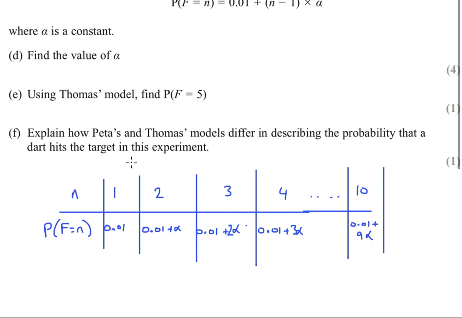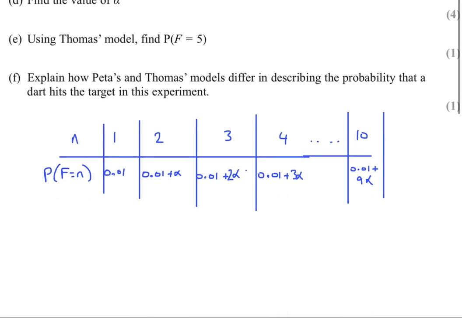With Thomas's model, sorry, the probabilities change. They change depending on this alpha value, and if you remember, we increase the value of alpha each time, which means the chance of the child hitting the target increases for the number of times they try.